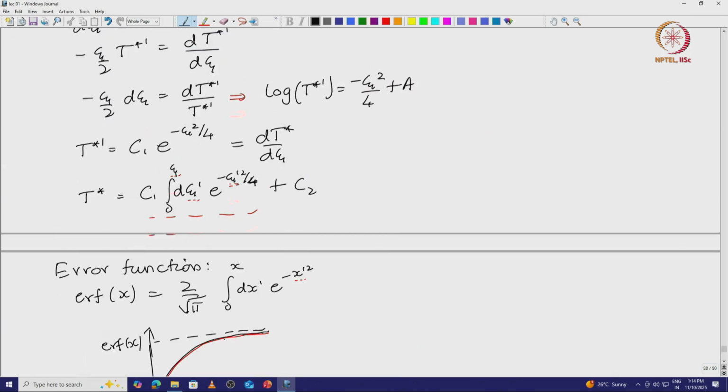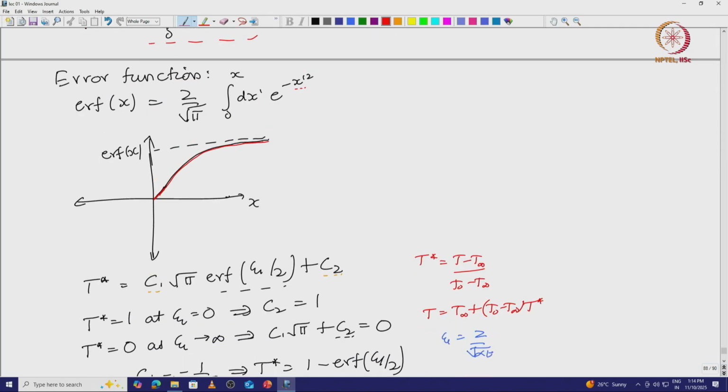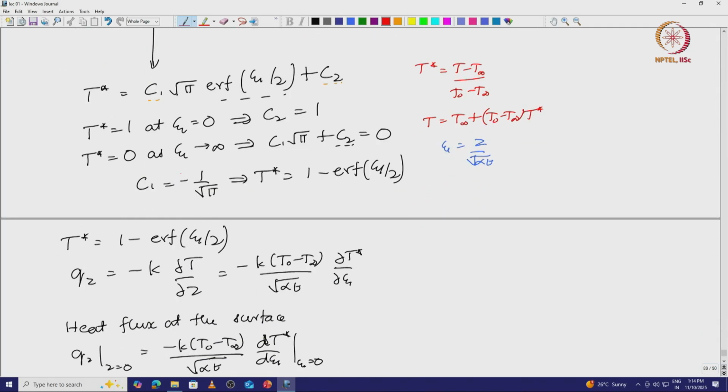Note that T star prime was equal to d T star by d psi, which is equal to C1 times e power minus psi square by 4. So, at psi is equal to 0 it is just equal to C1, which was 1 over root pi, as shown here.